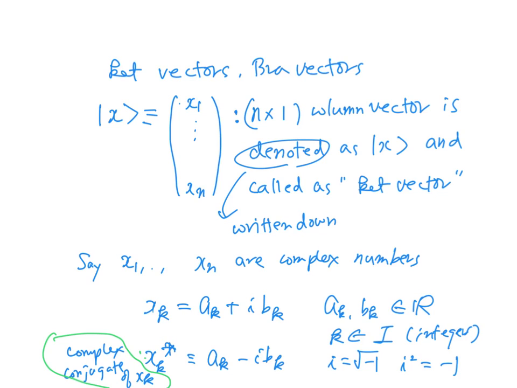So the complex conjugate of xk is called xk star. And you just change the sign in front of the imaginary part. In Korean, it's called 켤레복소수. When I was a student, it was called 공액복소수, but I think these days it's called 켤레복소수. But we are going to use complex conjugate.